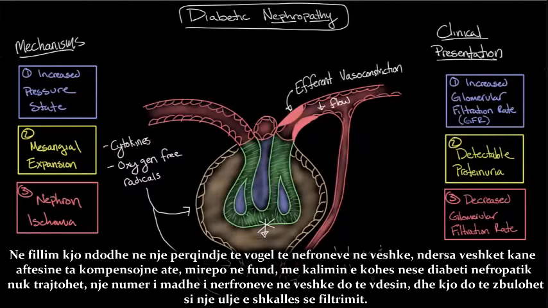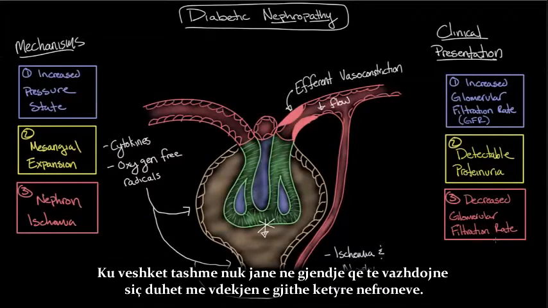Now, initially, this occurs in just a small percentage of the nephrons in the kidney, and the kidney is able to compensate. But eventually, over time, if this diabetic nephropathy is not treated, a large enough number of nephrons throughout the kidney are going to die off, and it's going to be detected as a decreased filtration rate. The kidney is no longer able to keep up with the dying off of nephrons.